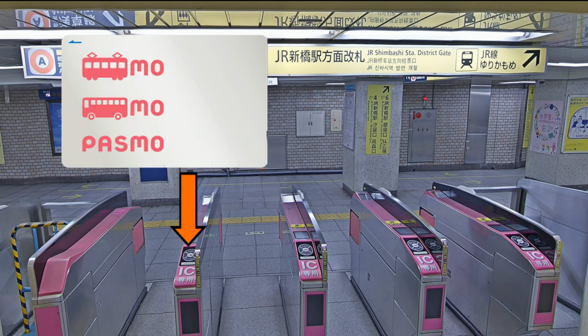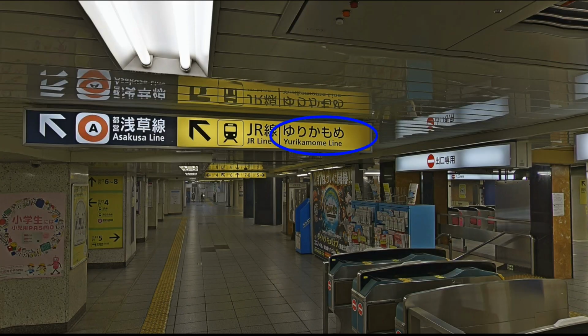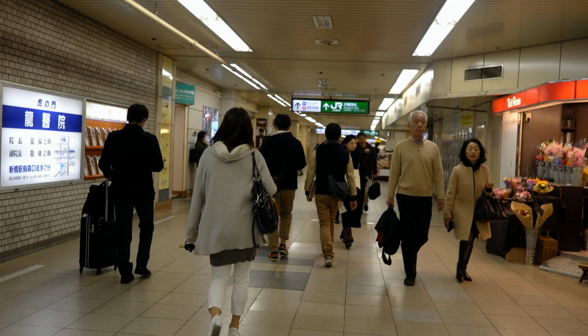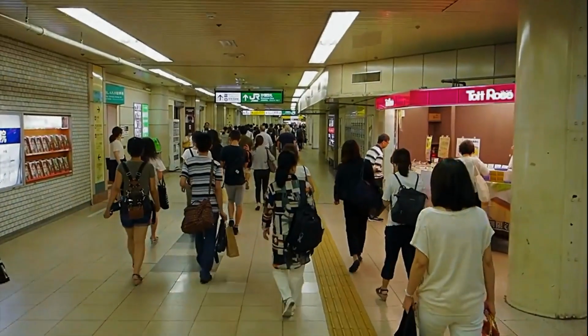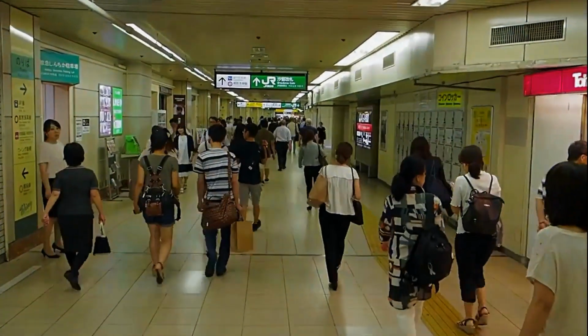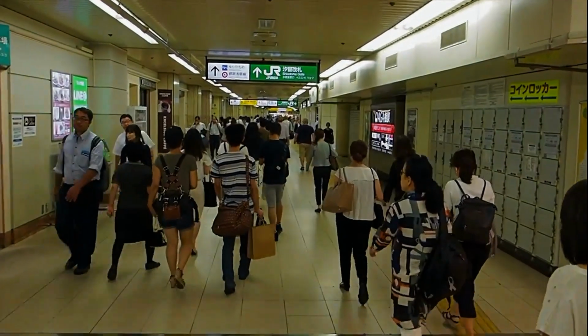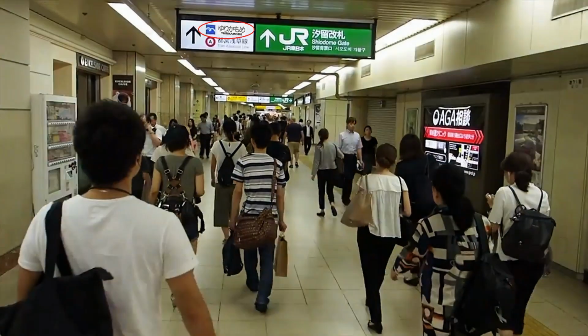Then we follow the signboard going to the JR Shimbashi Station District Gate and the signboard going to the Yurikamome Line. We just keep on following the signboard going to the Yurikamome Line.